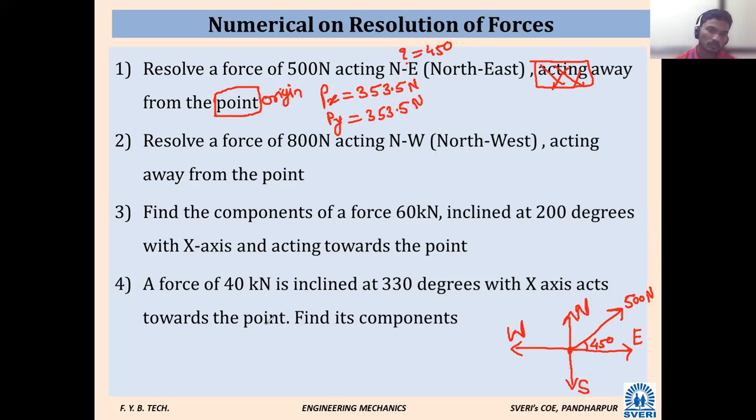P sin theta? You want to say P sin theta? Is it correct? No, P cos theta.